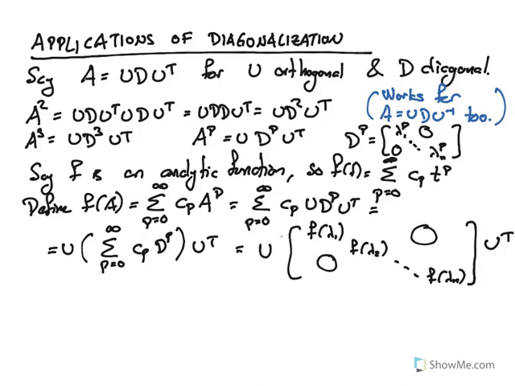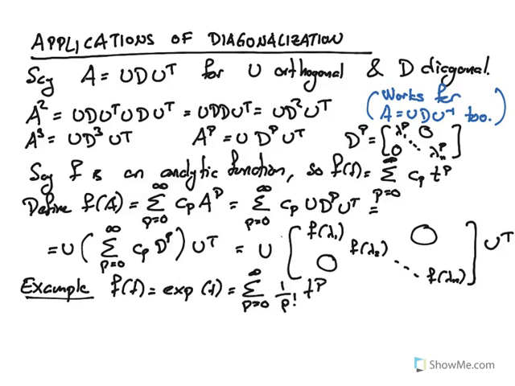And in particular, you can define, say, f to be the exponential, with the series 1 over p factorial t to the p, then f of A. So you can define the exponential of a matrix through the powers.